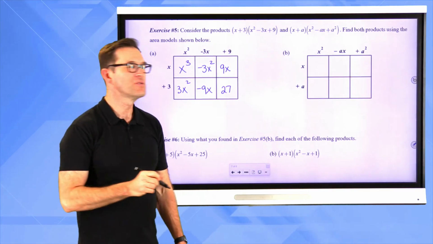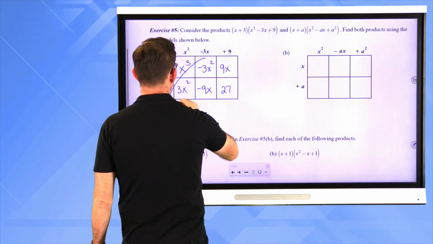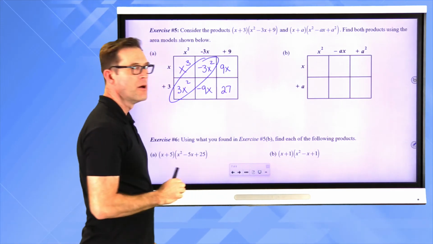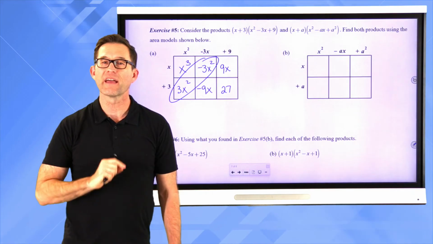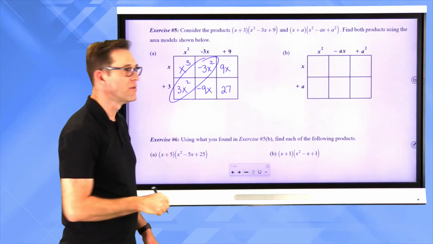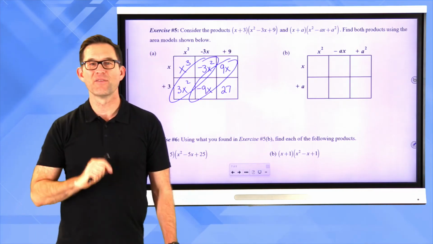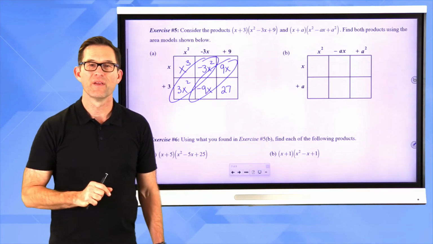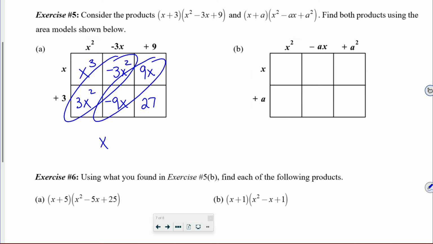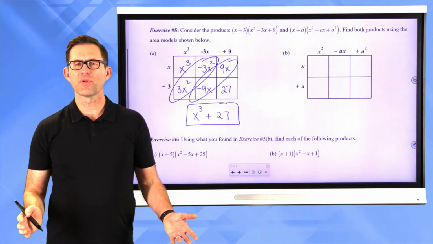Now, look at those like terms right along the diagonal. Positive 3x squared, negative 3x squared. Those cancel. Positive 9x, negative 9x. Those cancel. So what do I get? I get x cubed simply plus 27. That's it. X cubed plus 27.